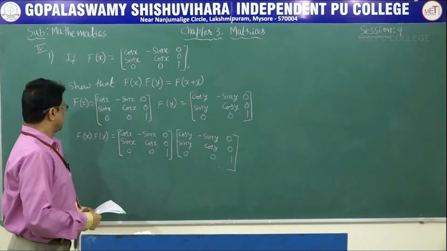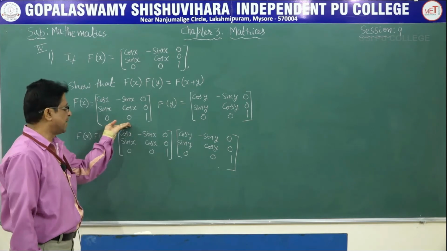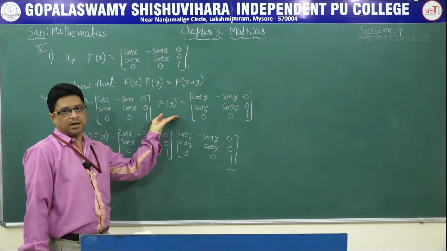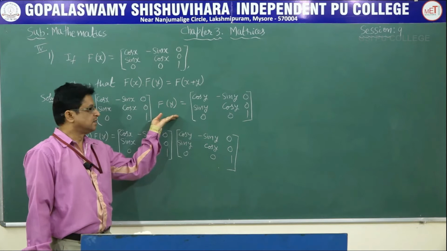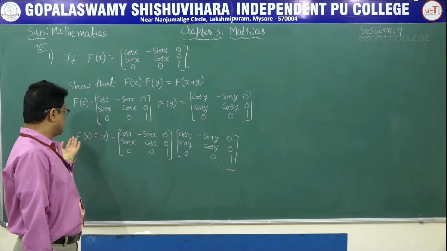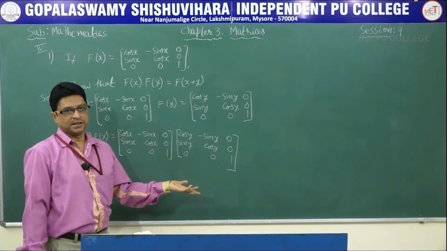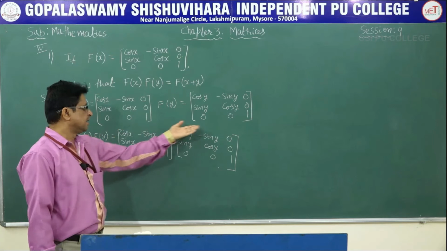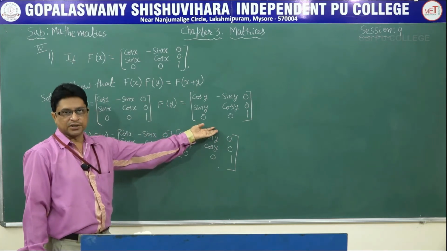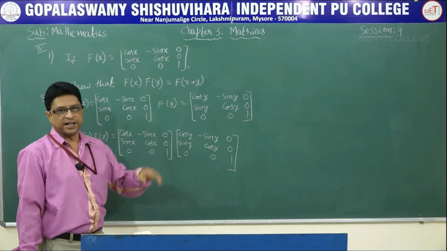So here f of x is of the order 3 into 3, a square matrix, and f of y is also of the order 3 into 3. Naturally, the product of two square matrices is a square matrix, so the product matrix should be of the order 3 into 3.